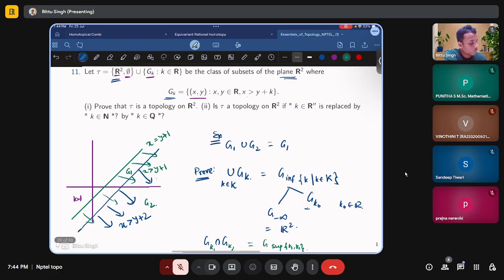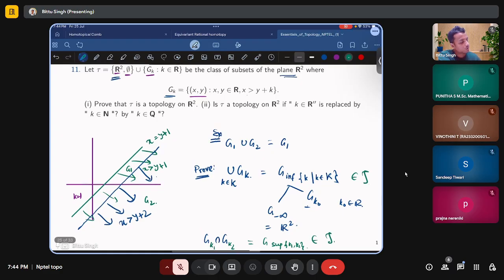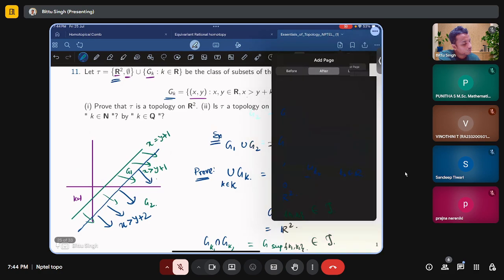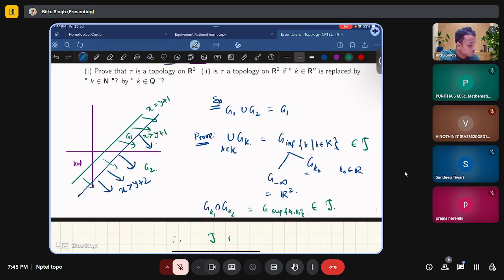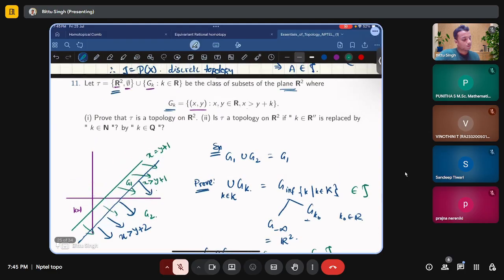So this always takes this kind of form. So this belongs to tau. This also belongs to tau. Therefore, tau is a topology on R2. So tau is a topology on this plane.